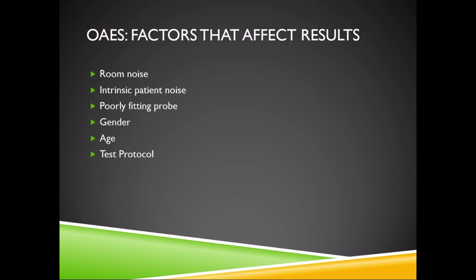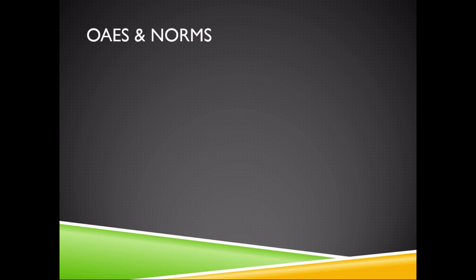So if you have norms for a diagnostic 500 to 8,000 hertz protocol on your machine, you have to use the diagnostic 500 hertz to 8,000 hertz protocol to use those norms. You can't use a screening protocol that is quicker and simpler, but still interpret with the norms from the other one. That's not how norms work. It's not clinically valid to do that. Ideally, you would have norms for your specific device and a specific protocol that you're using.